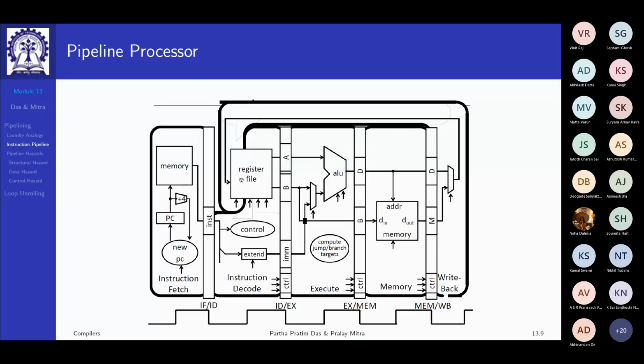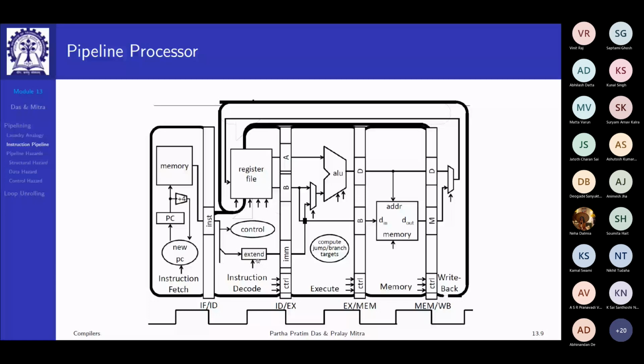In the instruction fetch stage, you have the memory to fetch from. You have the program counter with its new program counter value. In the decode phase, you have the register file, which is the bank of registers that you have, and the control, which is decoded from this instruction as to what needs to be done. So that's the instruction decode.